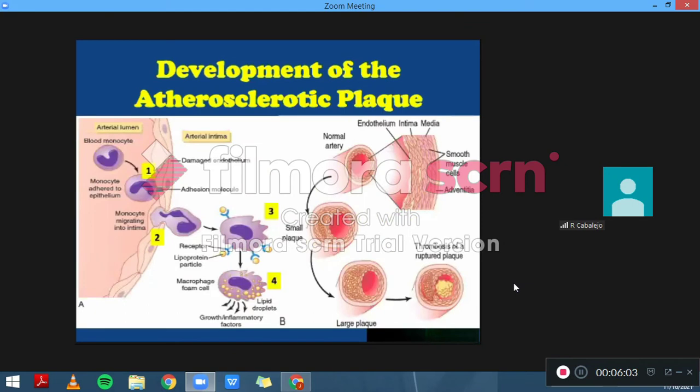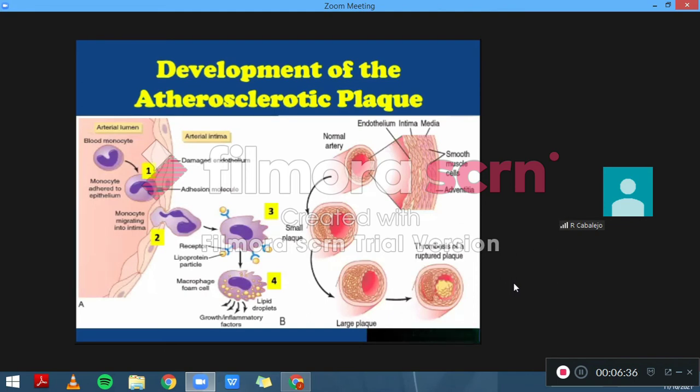So how do your atherosclerotic plaques develop? First, in the part of the figure labeled 1, there is attachment of a monocyte to an adhesion molecule on a damaged endothelial cell of an artery. Then this monocyte migrates through the endothelium into the intimal layer of your arterial wall and is transformed into a macrophage.